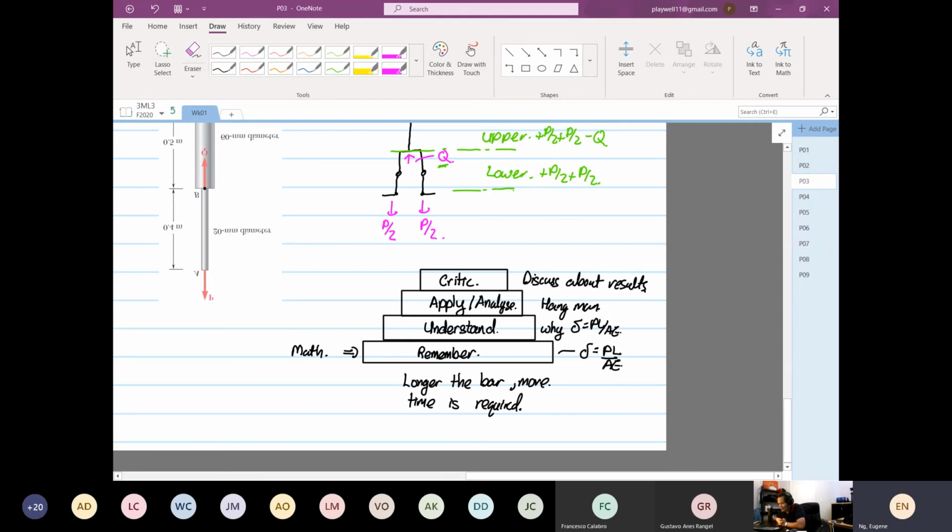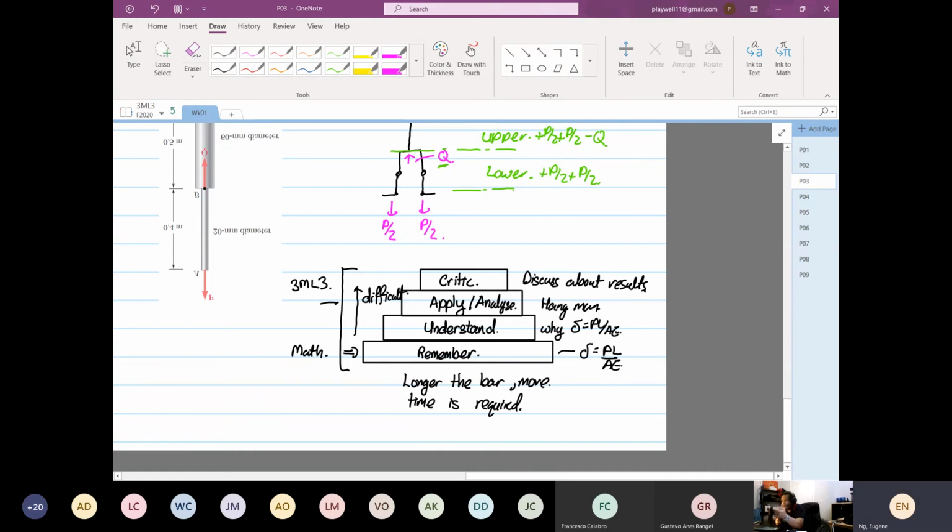What do you think this course, strength of material, is? Strength of material is everything. As you go higher, obviously it's going to be more difficult.